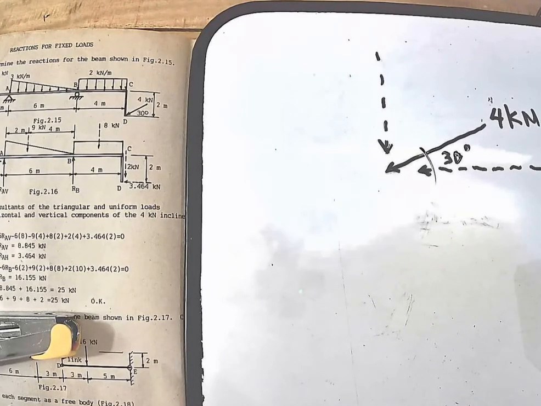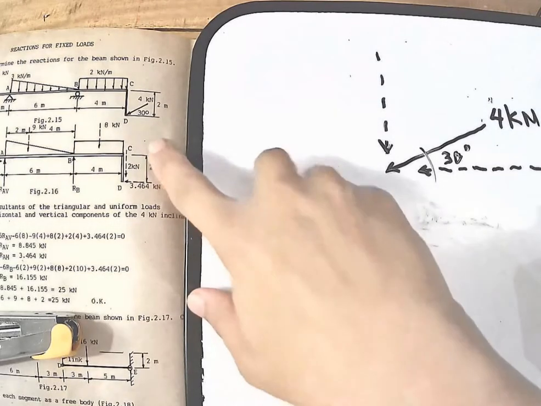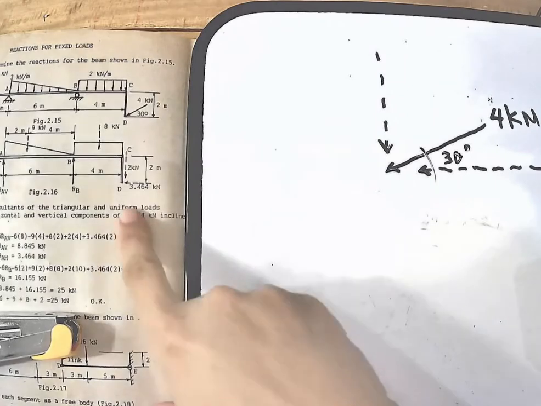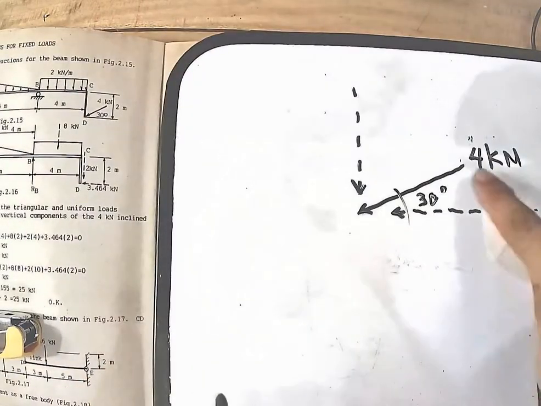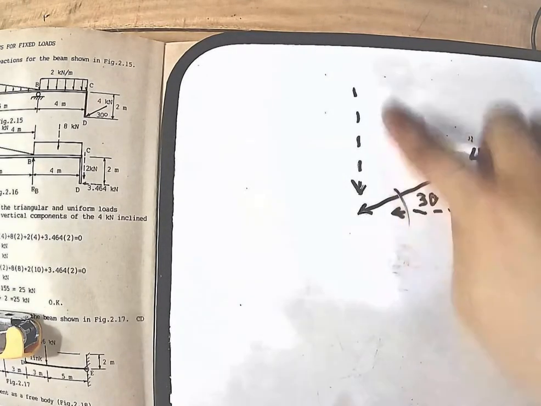Remember na ang summation moment, ang lever arm is always perpendicular to the direction of your force. Ngayon, yung 4, hindi yan perpendicular. Dapat i-break natin siya. Okay, so ganito ang trick. Ito yung 4 kilonewton, so i-break natin siya ng horizontal tsaka vertical.